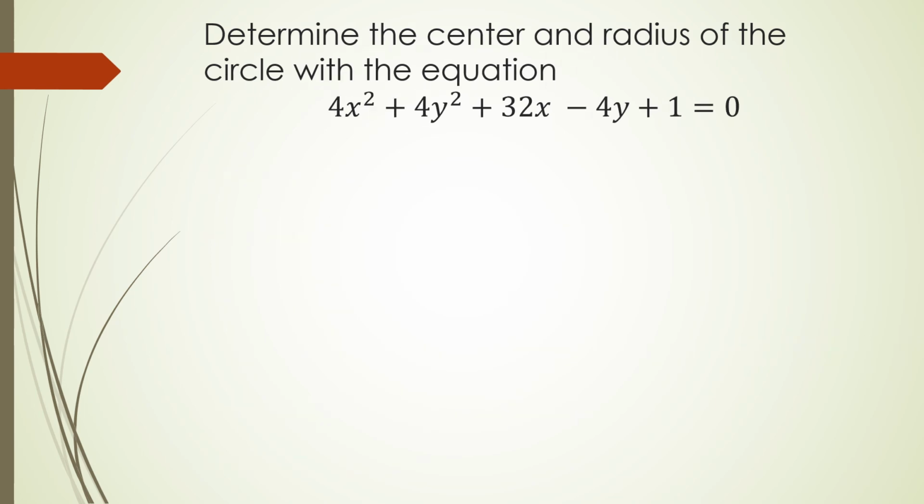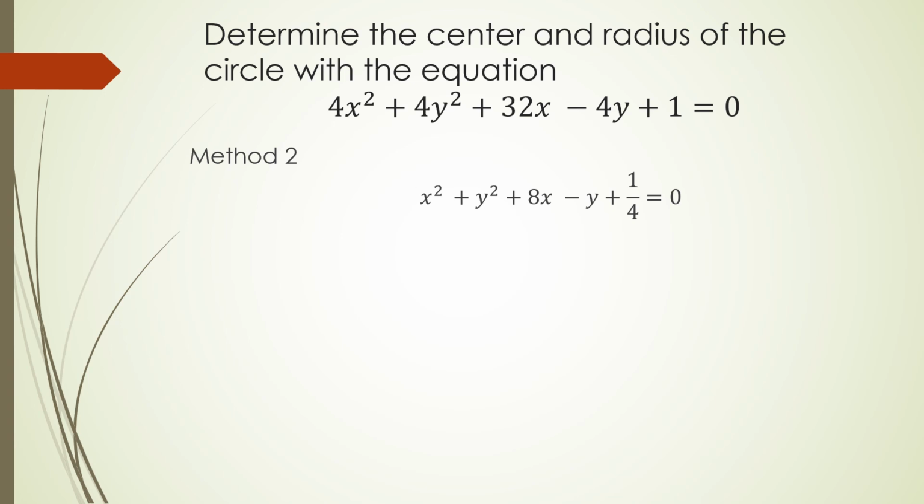So now let's do the other method. For method 2, we have x² + y² + 8x - y + 1/4 = 0. This is just the same thing that we have done a while ago for the first method, in which we divide all the terms in the equation by 4.